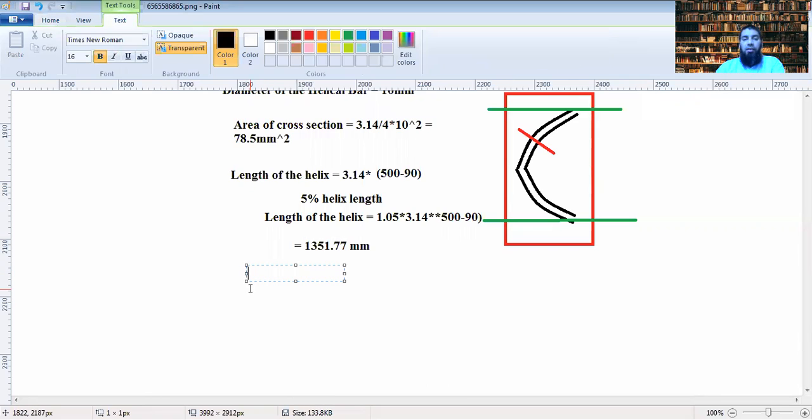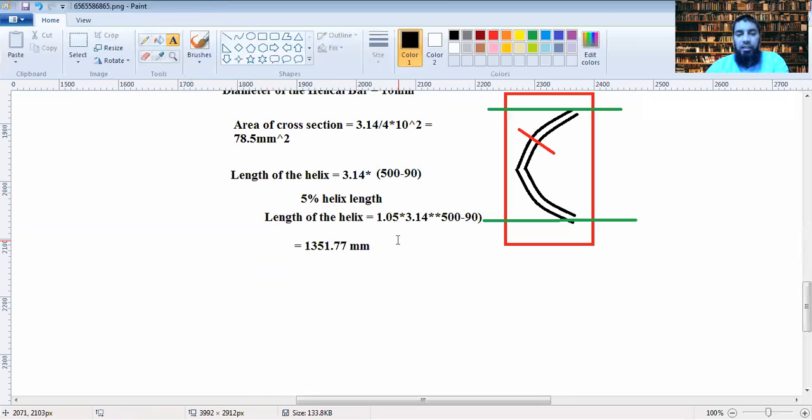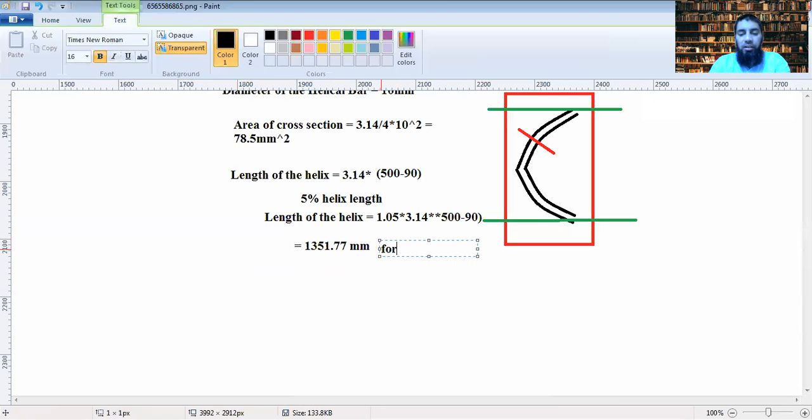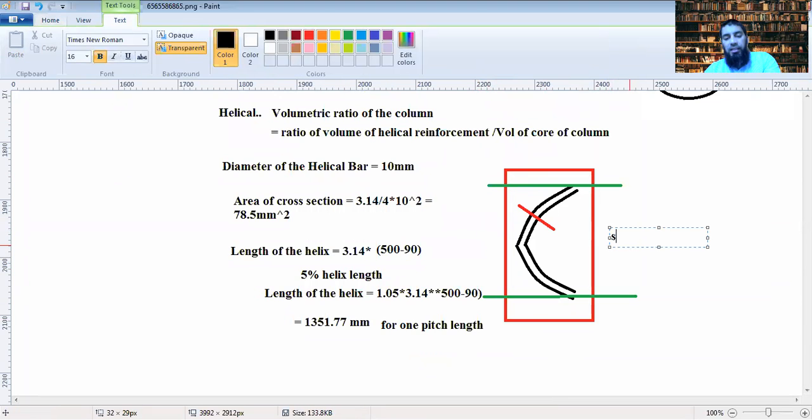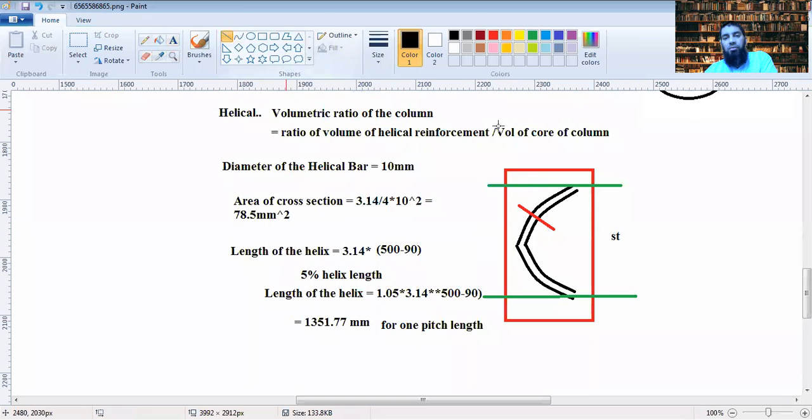Now, this is for one pitch length. What is pitch? Pitch is simply this, from here up till this point.